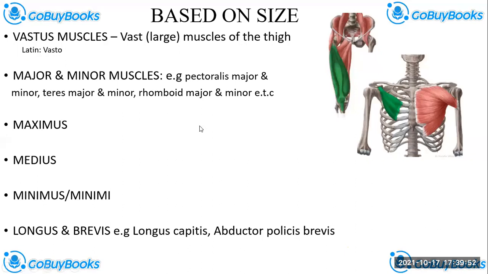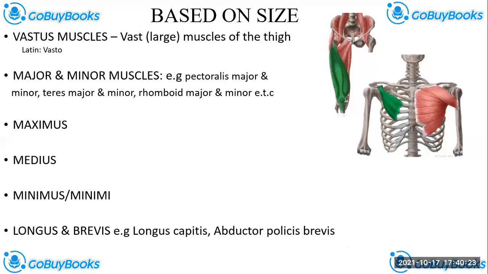So we have the gluteus maximus, medius, minimus, and then some other small muscles. I don't want to use those big names. People that have done upper limbs and lower limbs can relate more, but just get the basic concept: maximus means big, medius means not big, not small, medium, and minimus means small. Then longus and brevis.